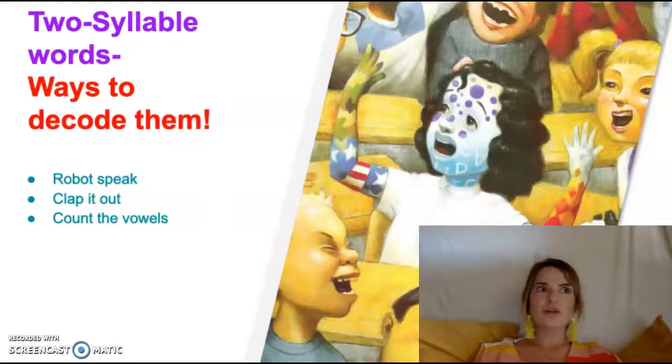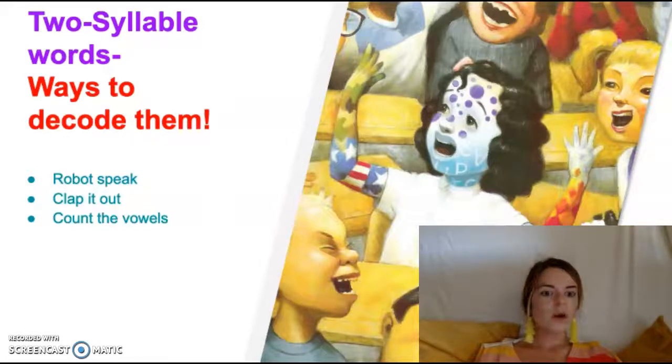Okay, so let's go ahead and start. Let's first try it with a one-syllable word, like cat. Cat is a one-syllable word, and we're going to try to say it like a robot and listen and see if we hear a break in the word at all. Okay. Cat. I didn't hear a break.